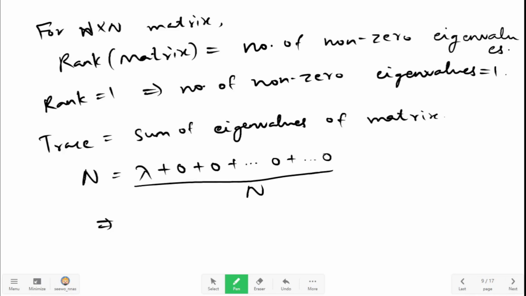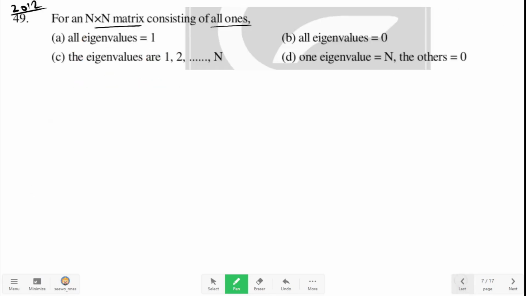From here we get that the only non-zero eigenvalue is equal to n and all other eigenvalues are 0. Therefore the correct option here is: one eigenvalue is equal to n, the others are equal to 0.